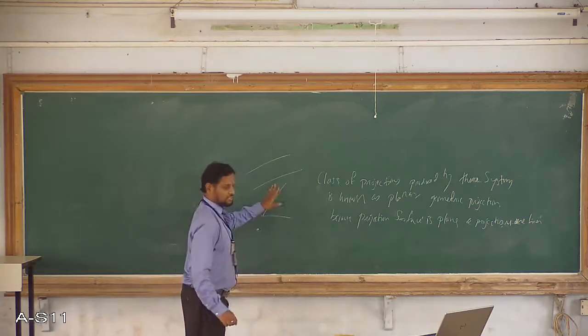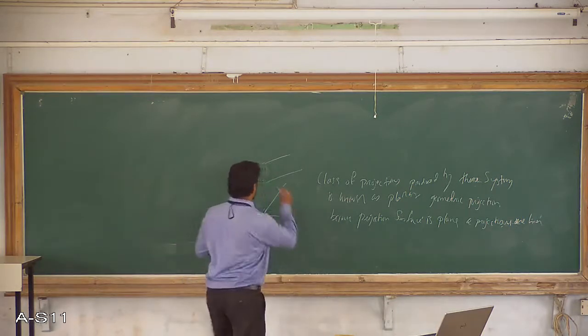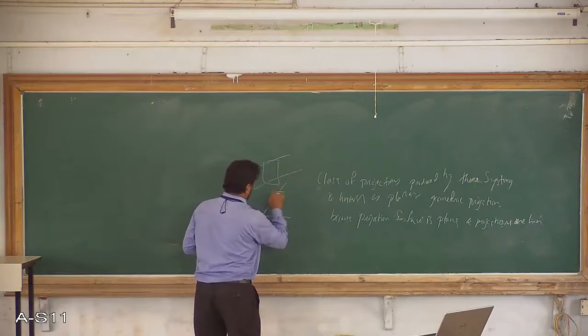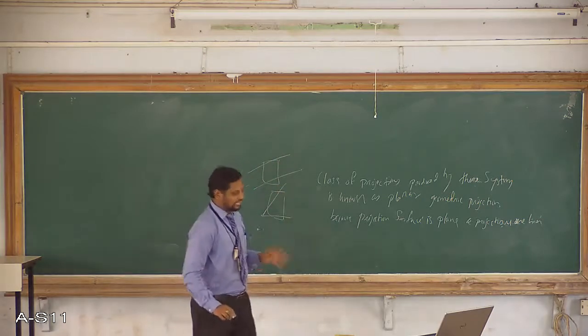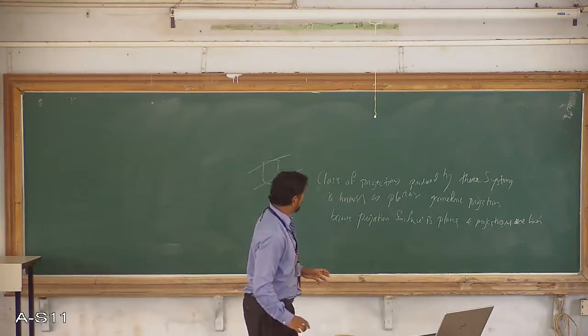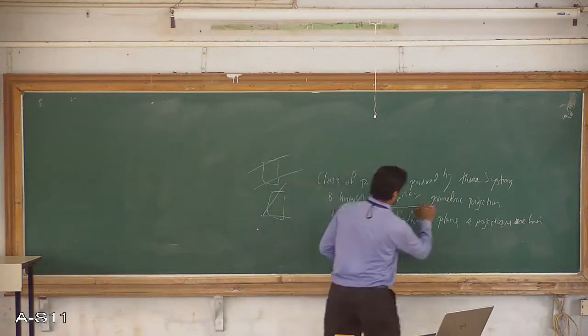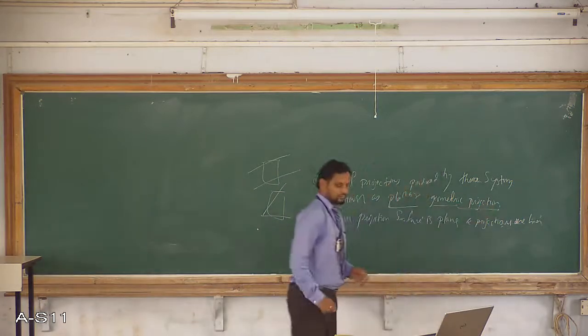They are lines, and the projection plane we have is a plane. That's why these are called planar geometric projections.